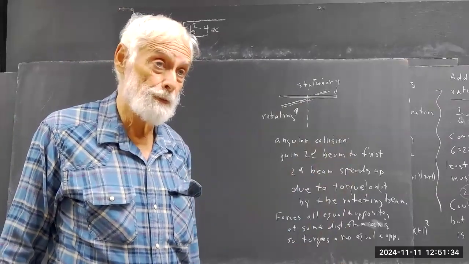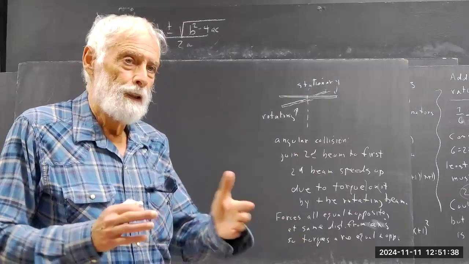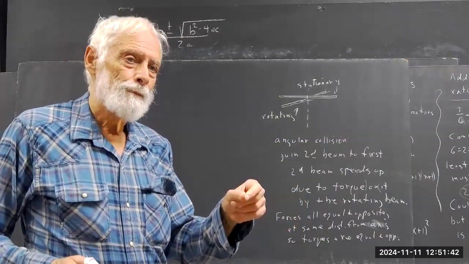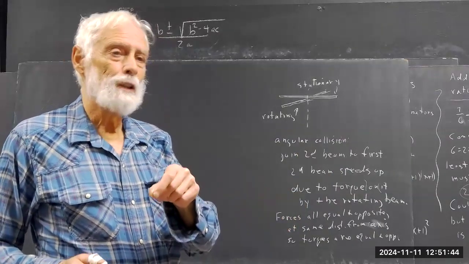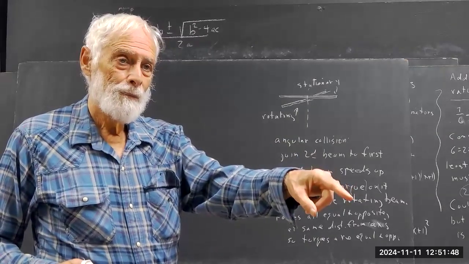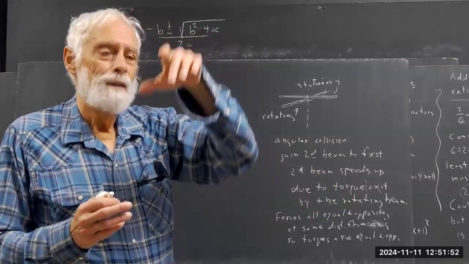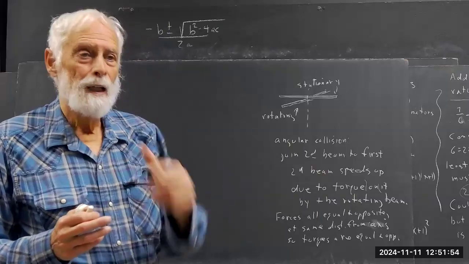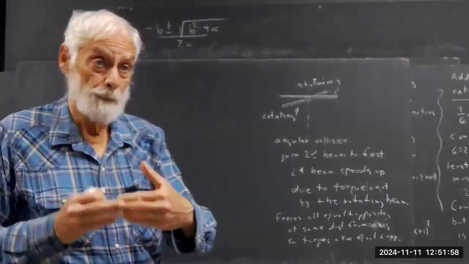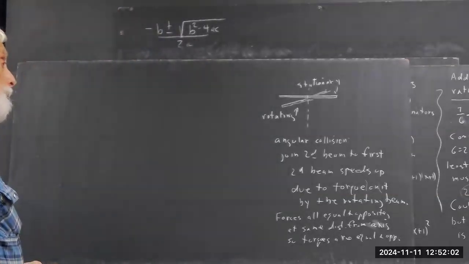The torques have to be equal and opposite. Again, it's because all the forces are equal and opposite and exerted at the same distance. The forces on the particles 10 centimeters from the axis on the rotating beam are equal and opposite to the forces on the second beam at the same distance, because that's where both forces are exerted. Okay. Torques are equal and opposite.